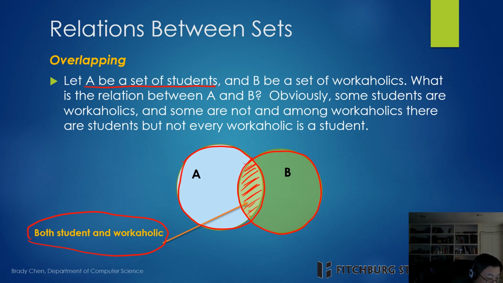The area over here contains all the students that are not workaholics, but every element here represents the workaholics that are not students, right? So this relationship defines the overlapping.